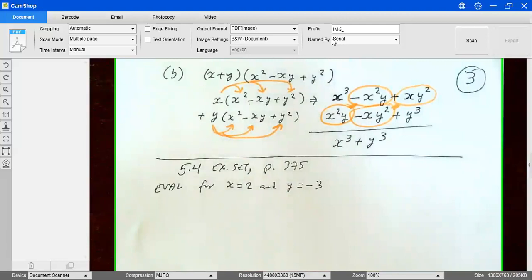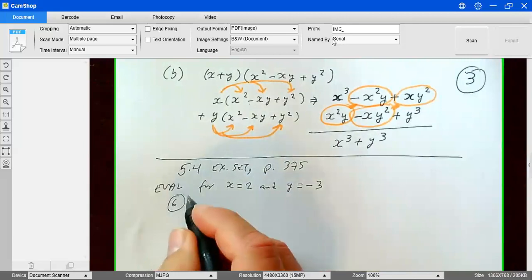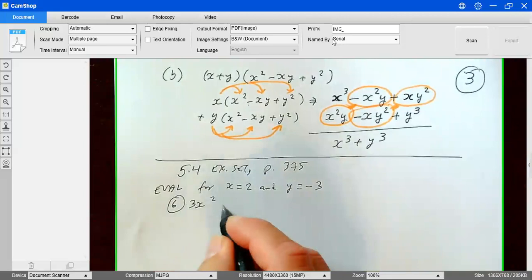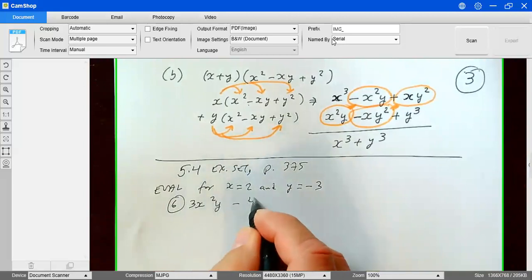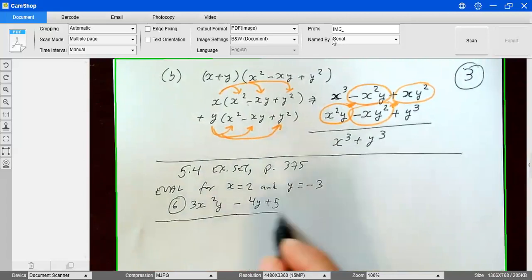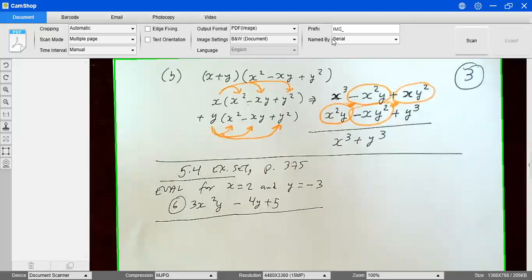Let me see. This is exercise number 6. So this is 3x squared y minus 4y plus 5. So this is just the directions for exercise 6.